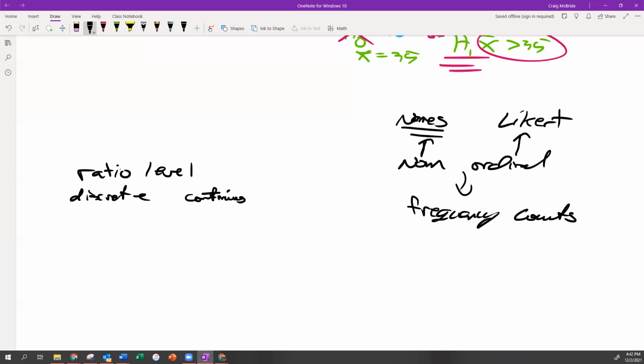And technically with those things, all you can still do are frequency counts. You could say, how many people agreed? How many people strongly agreed? How many people were neutral, et cetera. What happens is a lot of people treat this like ratio level data, and they calculate means and medians and standard deviations and all that.